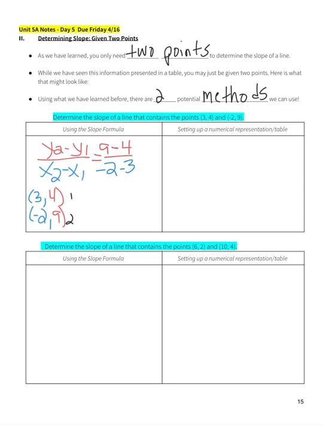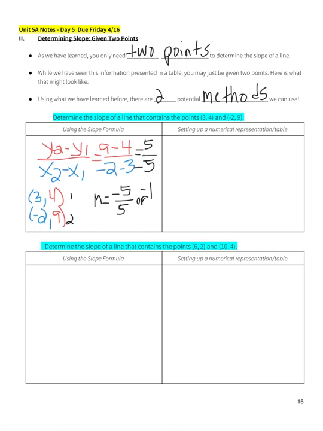We have 9 minus 4 is 5, and negative 2 minus 3 is negative 5. So my slope, m, is equal to negative 5 over 5, or negative 1.